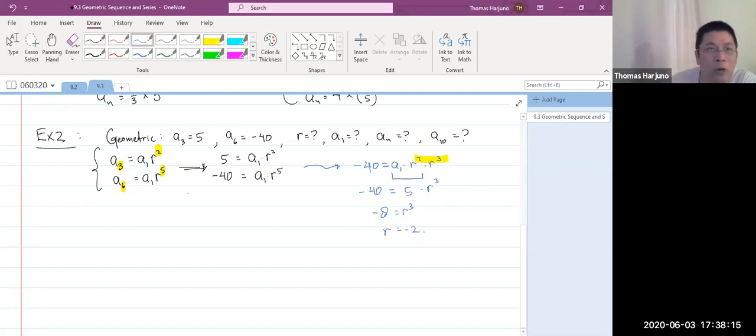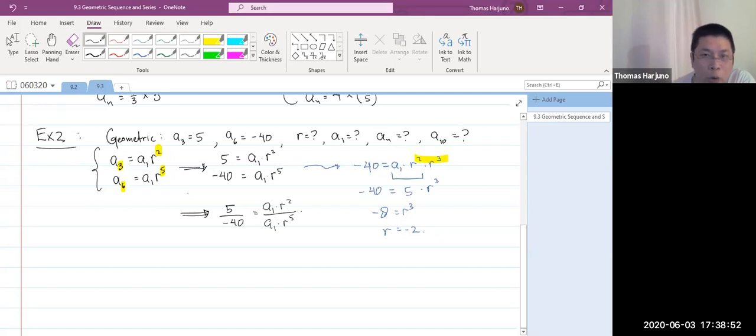But let me offer you another way. I don't think we see this anywhere in our past lessons, even in your previous classes. Notice that they don't differ by some constant, it has a ratio. Now what you can do is divide 5 over negative 40 on the left hand side, equals a sub 1 r squared over a sub 1 r to the fifth.